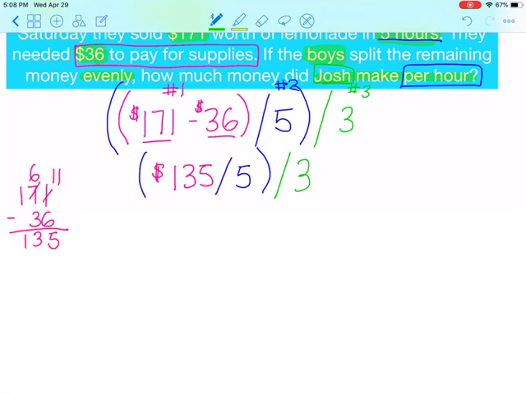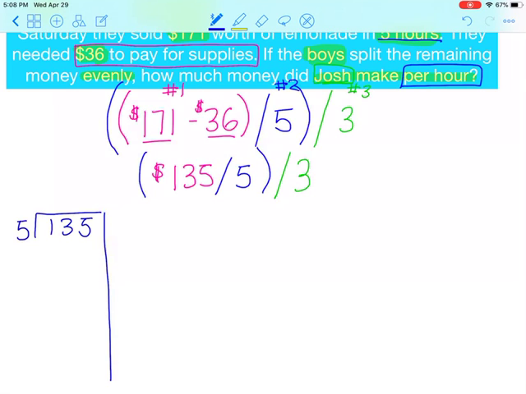So now we're going to do the next set of parentheses, which is 135 divided by 5 to figure out how much they made per hour. So I'm going to do 5 divided by 135. And I'm going to do partial quotient division. So what is a multiple of 5 that's close to 135? Well, I know that 5 times 20 is 100.